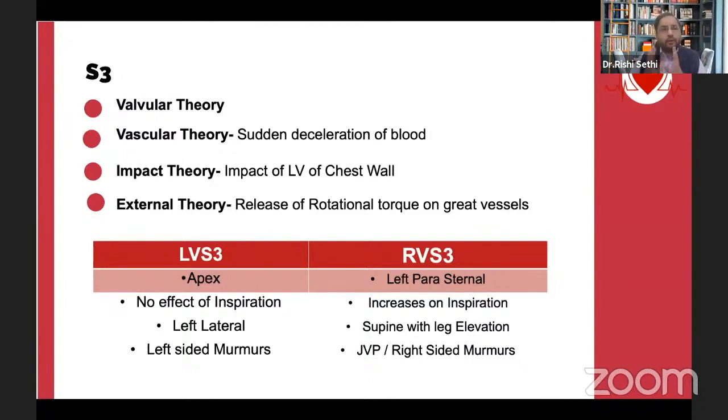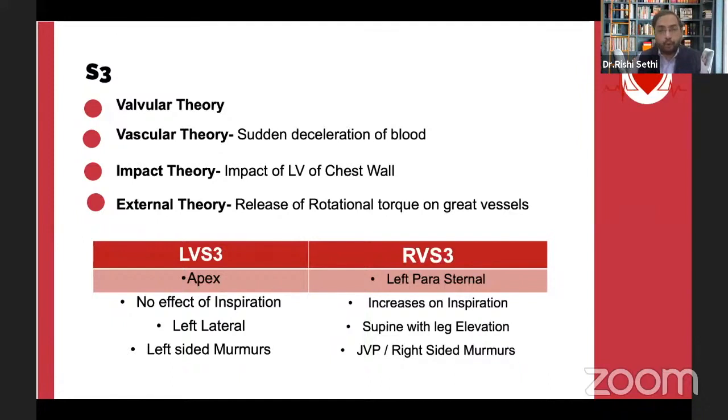When you hear an S3, you have to differentiate whether it's an LV S3 or an RV S3. You're hearing a low pitch sound early in the diastole. You have to find out whether it's an LV or an RV S3. The differentiating point is that the LV S3 would be more localized towards the apex, while the RV S3 would be at the left parasternal area. The RV S3 would vary with inspiration.